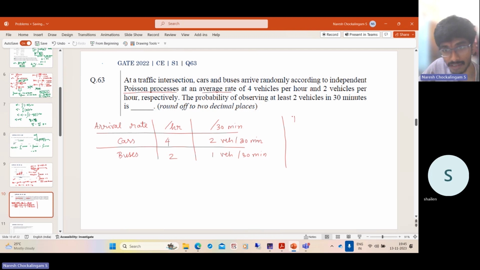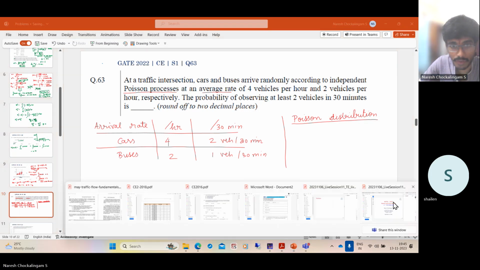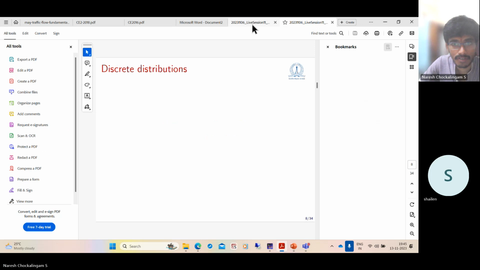What is a Poisson process? So Poisson distribution, as I said in the last session.